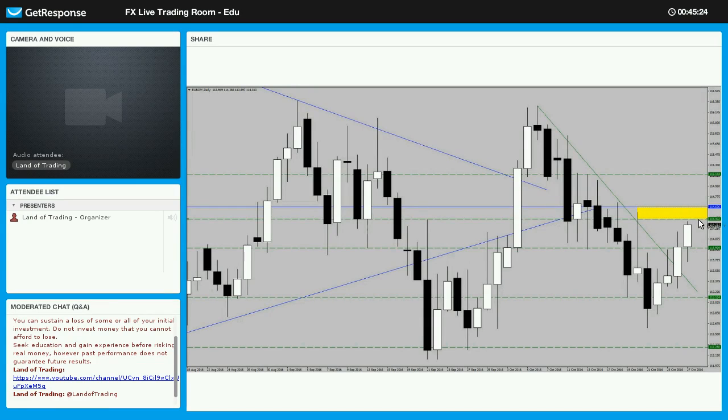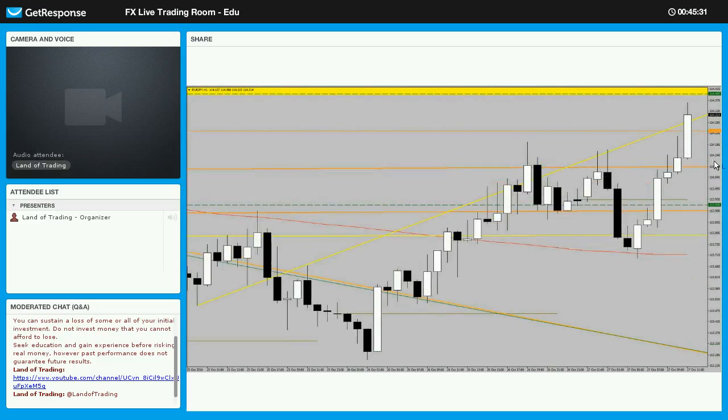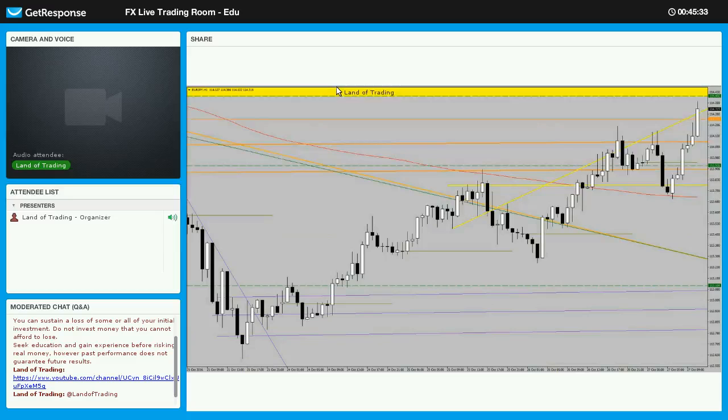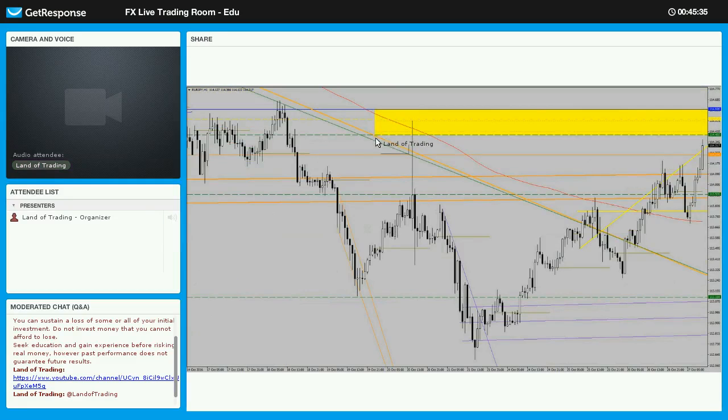I need to change the color of this yellow zone.